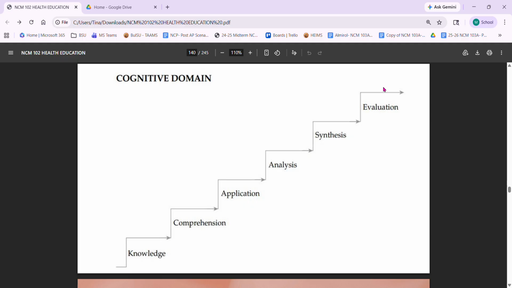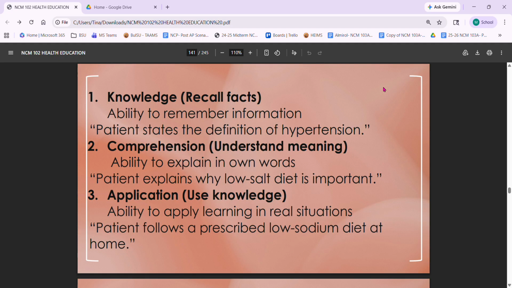Alright? So, let's dissect one by one. Okay? When you say knowledge, recall facts, ability to remember information. So, let's say, the patient will state the definition of hypertension. So, recall facts siya. When you say comprehension, they understand the meaning.